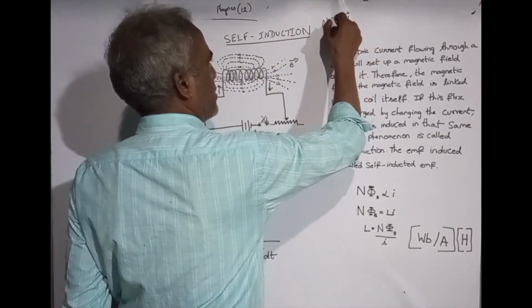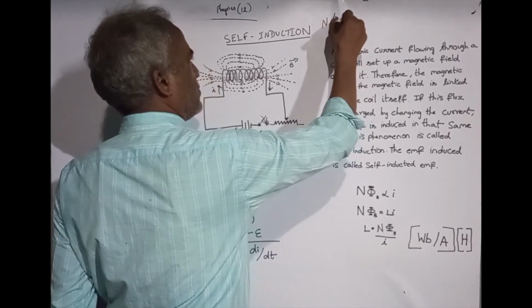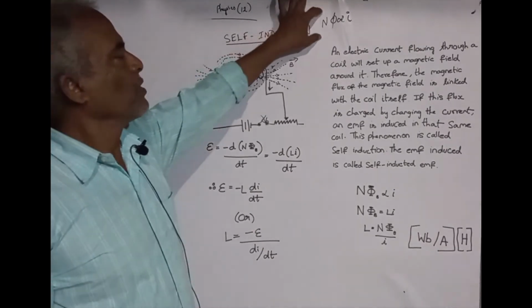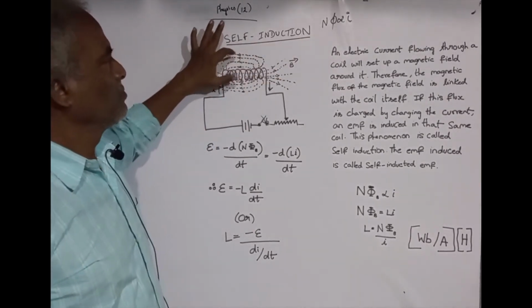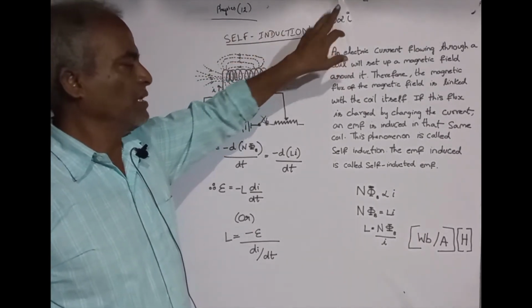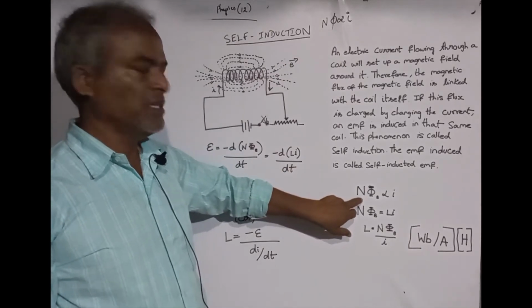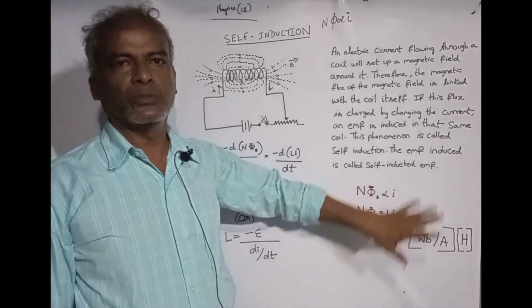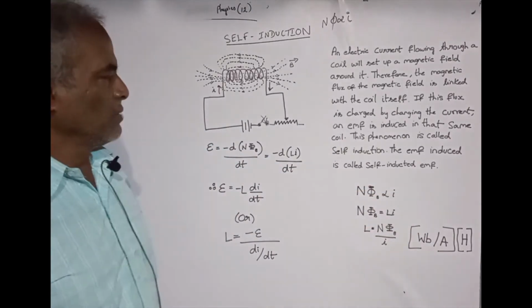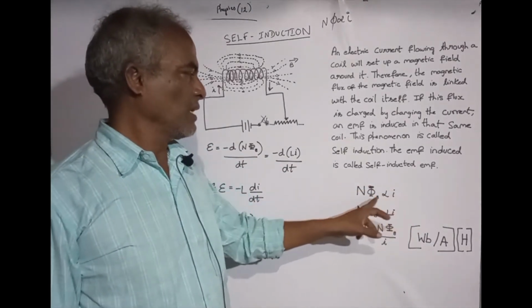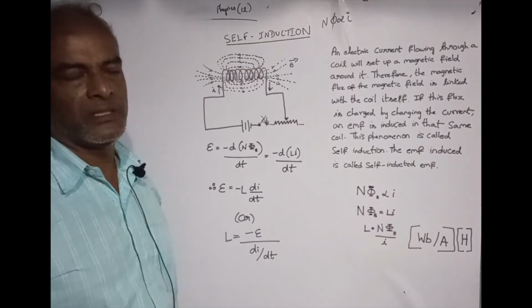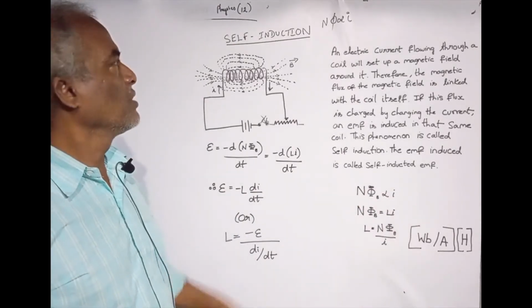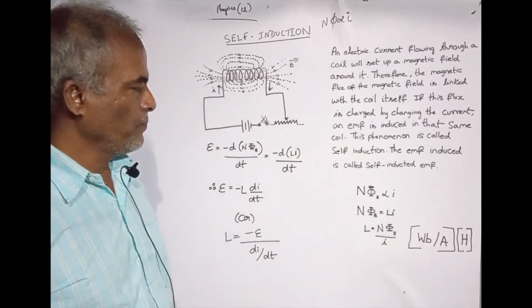Here N is the number of turns of the coil, and phi is the magnetic flux. So that's what is written here. N phi is directly proportional to the current. That means if the current increases, the magnetic flux also increases. And the other way of improving the magnetic flux is you can increase the number of turns.